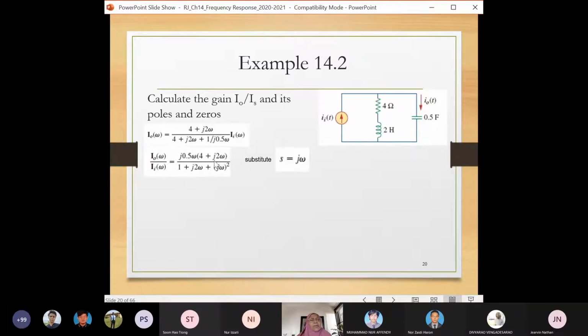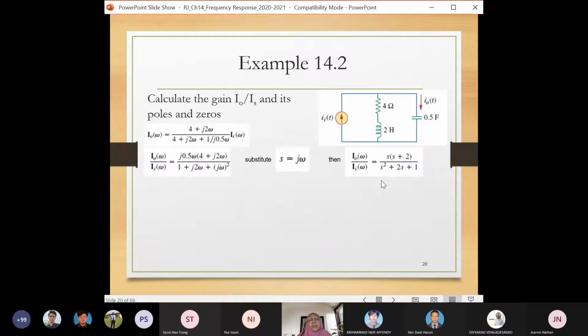You substitute s with j omega. You will produce s plus 2 times s in the numerator, and s squared plus 2s plus 1 at the bottom.